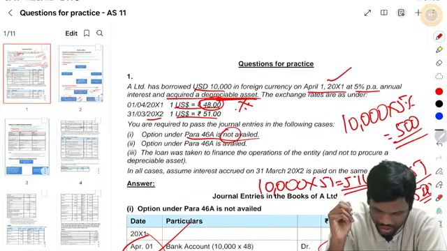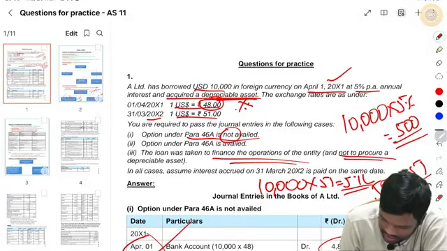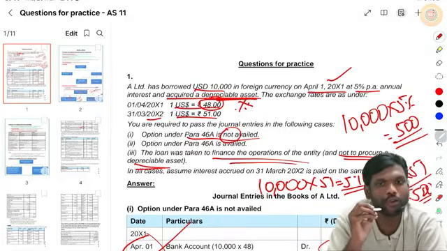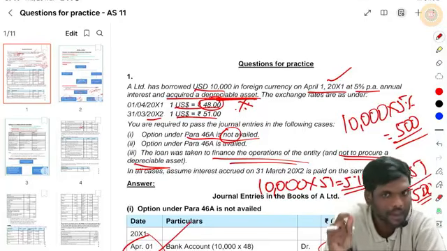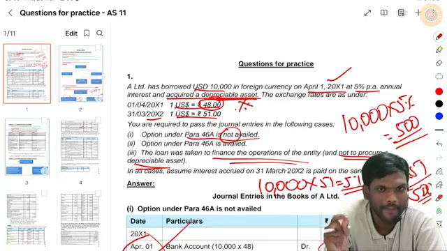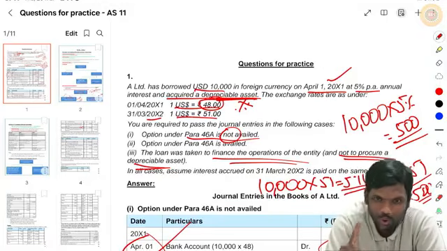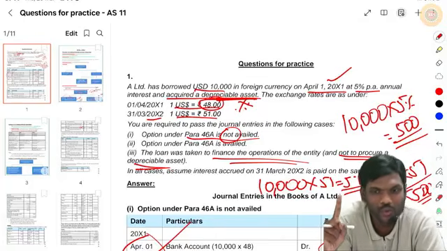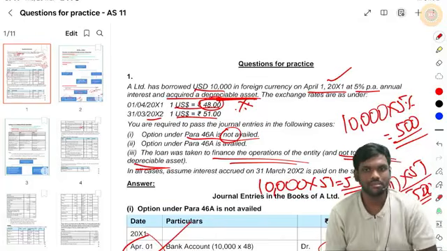Case 3. The loan was taken to finance the operations of the entity and not to procure a depreciable asset. That means they are taking the para 46A option. But now they are changing the use of that loan. That loan is not being used for acquiring a depreciable asset.